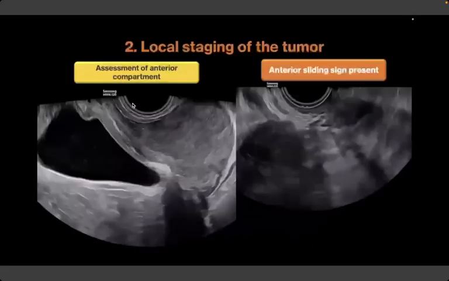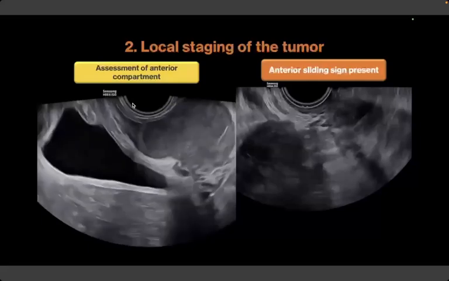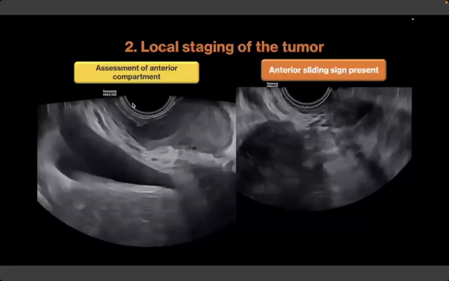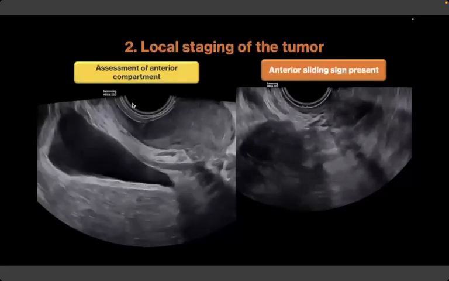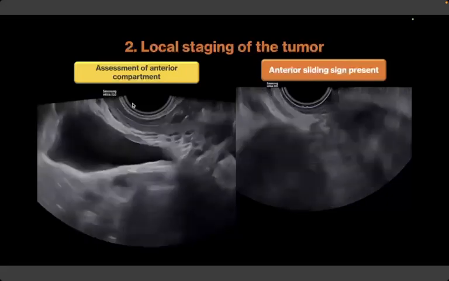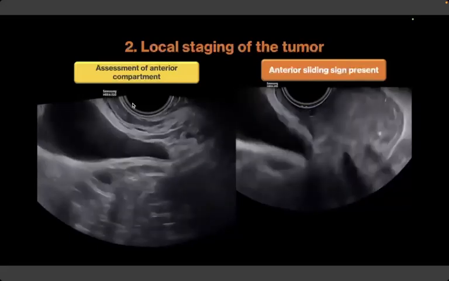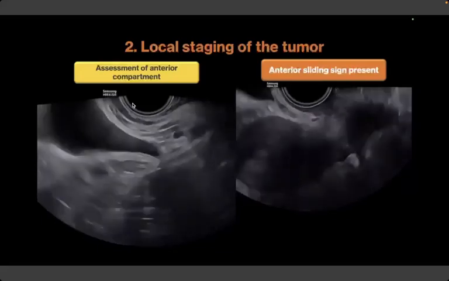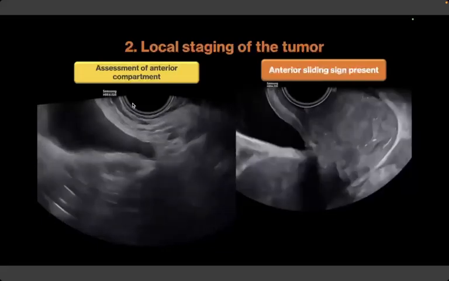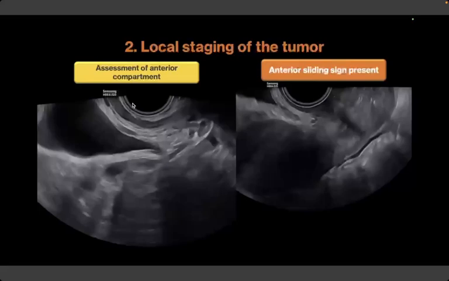Let's now proceed with the evaluation of parametrial infiltration. We proceed by positioning the probe in the anterior fornix. We check the bladder and we move laterally to check the ureters. Then we apply a gentle pressure with the probe and we evaluate the presence of the anterior sliding sign at the level of the vesicouterine space and septum, as in this case on the right.